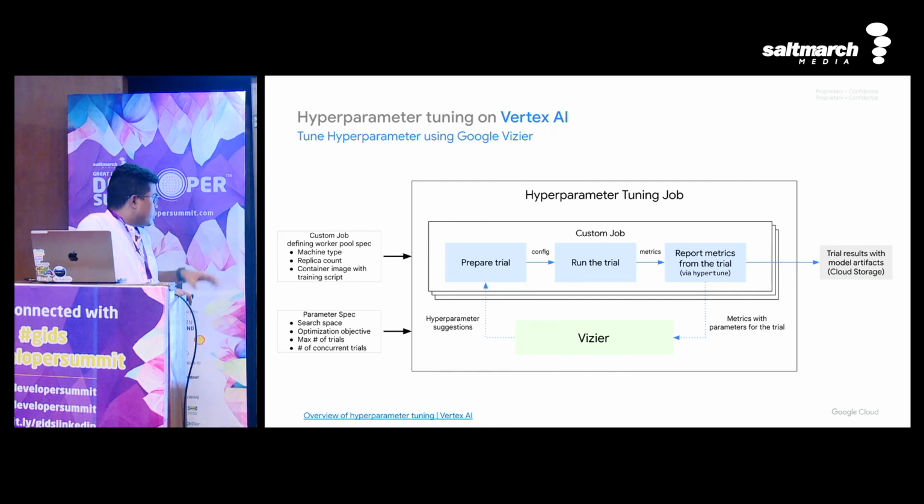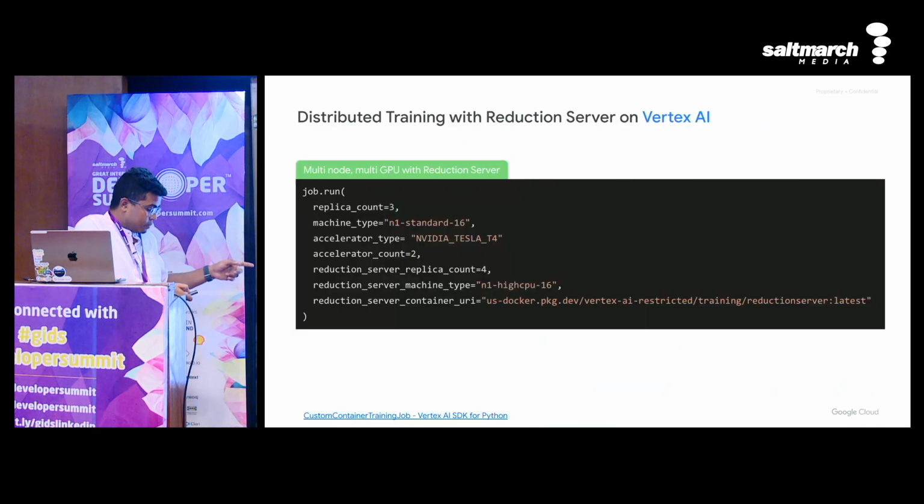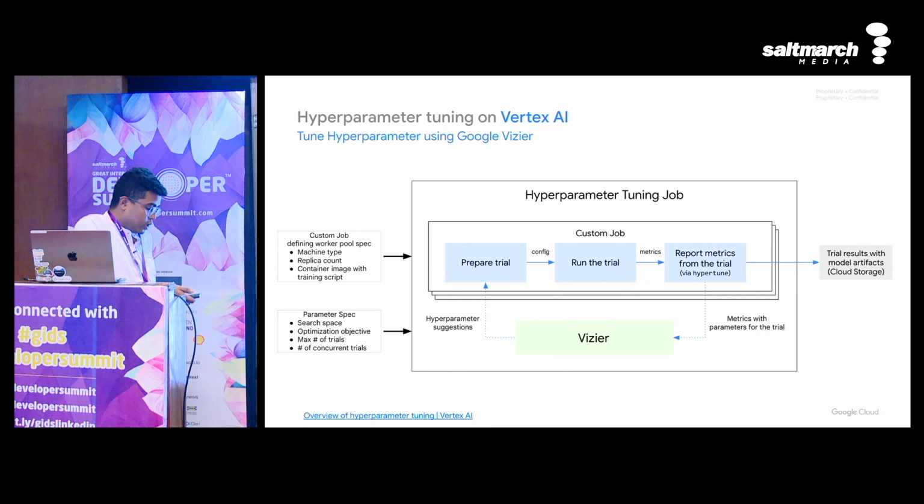You use the same custom job specification that you configured earlier, prepare a file based on configs, and for each iteration you report the metrics via hypertune.